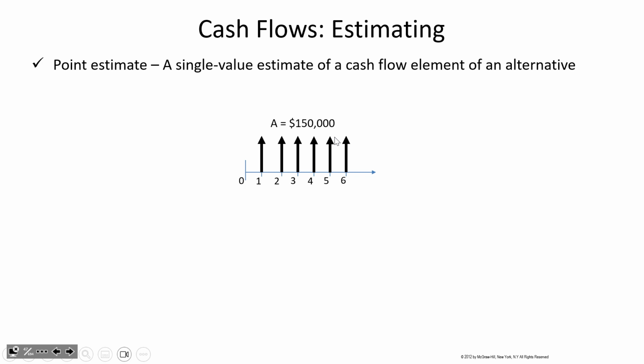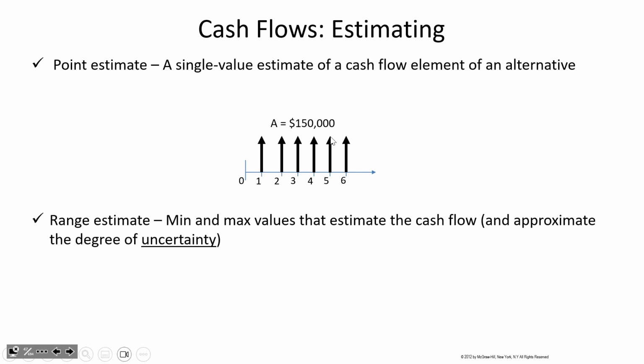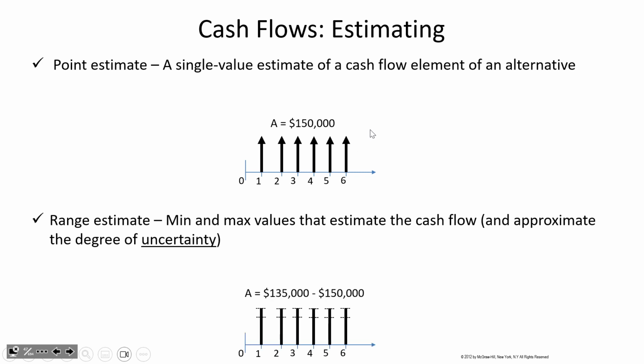Another way of dealing with uncertainty is to use a range where we bound the minimum value that we expect it could be and the maximum value that we expect it could be. So this is an illustration of how, instead of using a point estimate, if we said we think that the future revenues will be between $135,000 and $150,000, then we could graphically represent it like this.